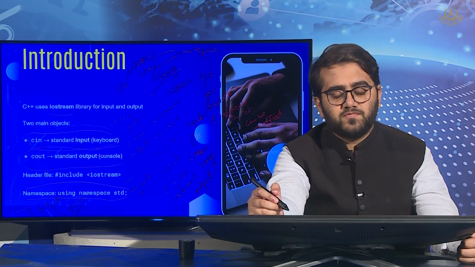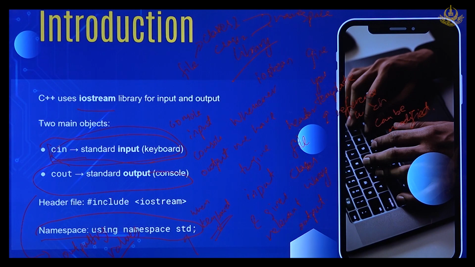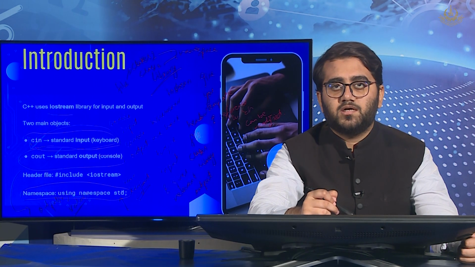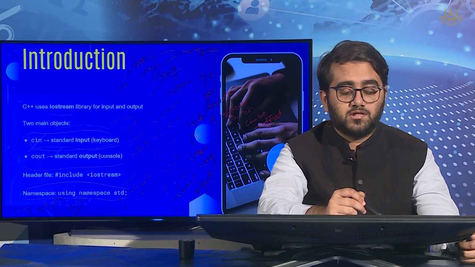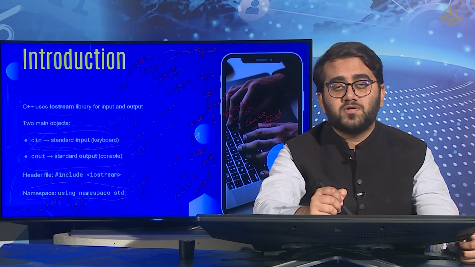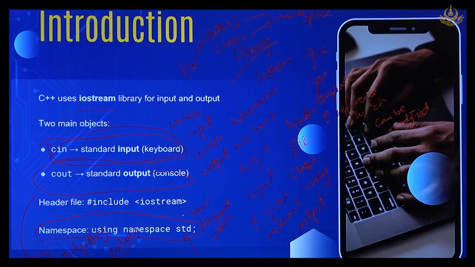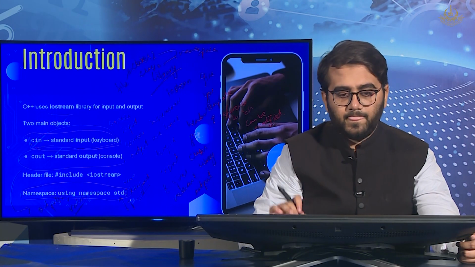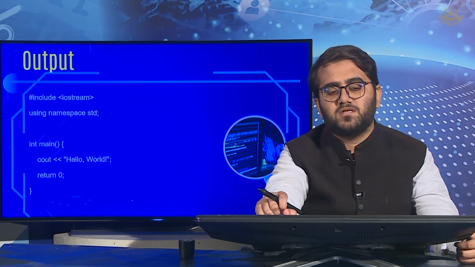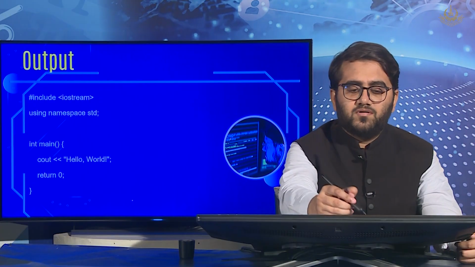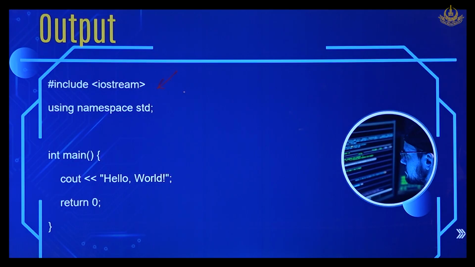So in the namespace we are using the standard input output library, and the basic syntax of using it is the keyword using namespace std, and then a semicolon. Okay. So here we have a very simple program which we have seen in the first lecture as well, wherein we have the iostream header file.